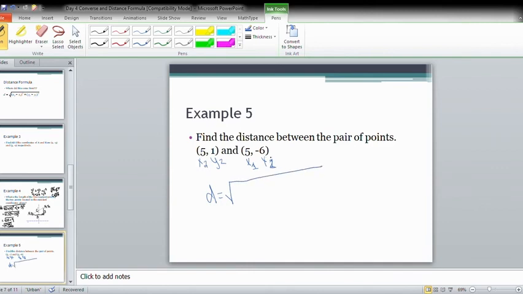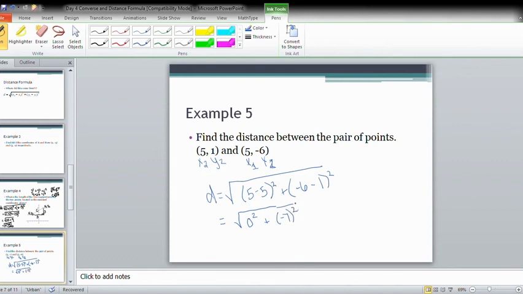So x sub 1 minus x sub 2 all squared plus -6 minus 1 all squared. 5 minus 5 is 0 squared. Plus -6 minus 1 is -7 all squared.